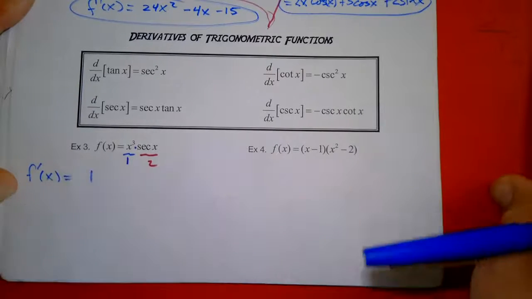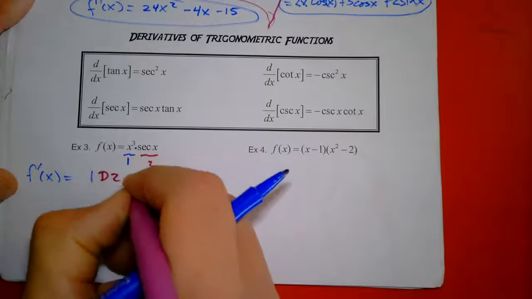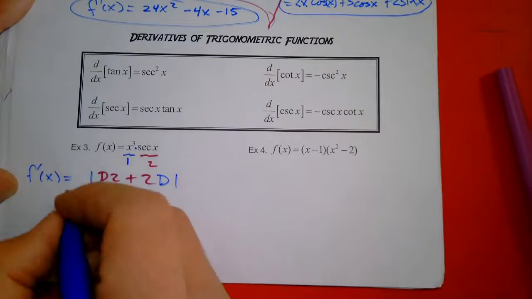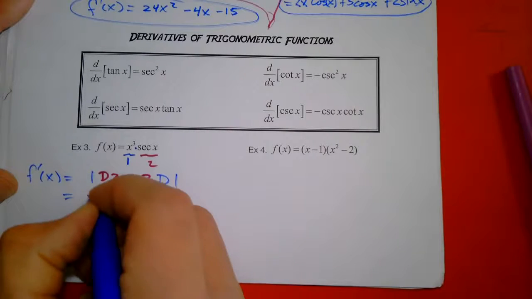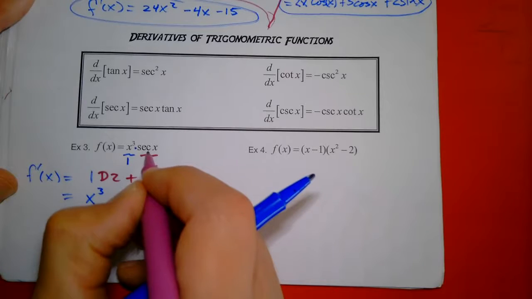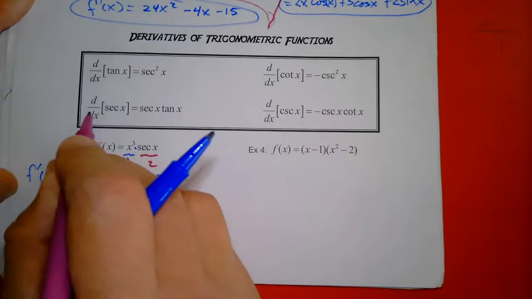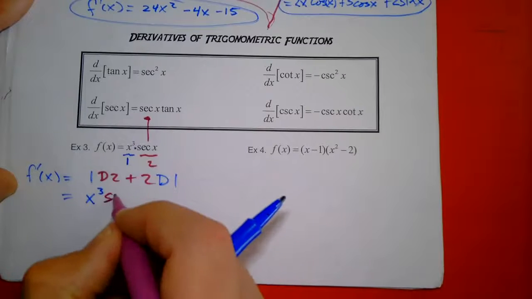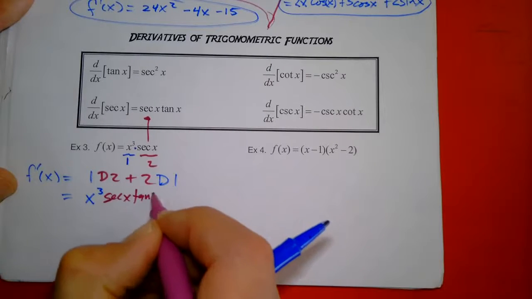Okay, so I've got 1d2 plus 2d1. So I've got x cubed. And then I have the derivative of secant of x. So I go up here, the derivative of secant of x is secant of x tangent of x, just like that.